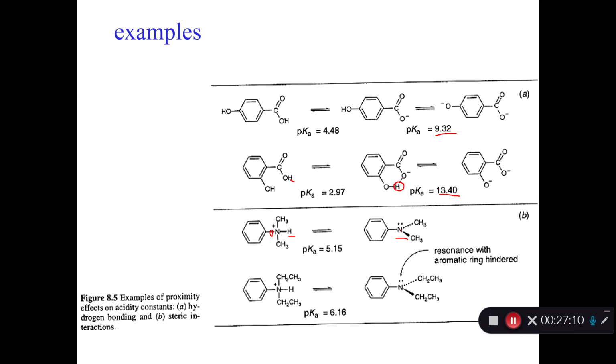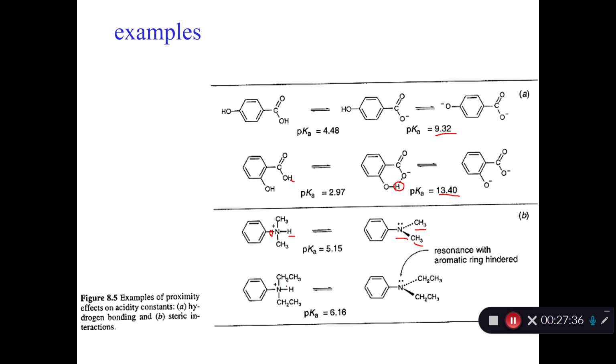And so when it's in this form, you can imagine the ring is in the plane of the board, and the lone pair electrons are sticking out of the board at you and behind the board. And so they are resonating with the ring. In order to do that, these methyl groups have to be in the same plane as the ring. And that's fine. We can do that because these methyl groups are pretty small.